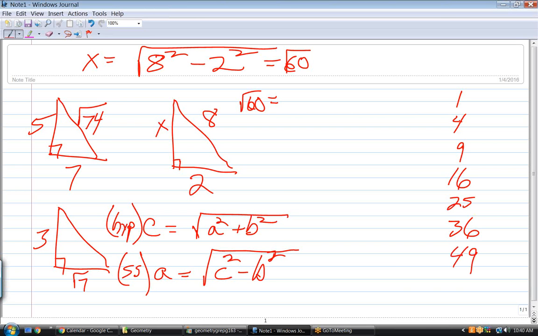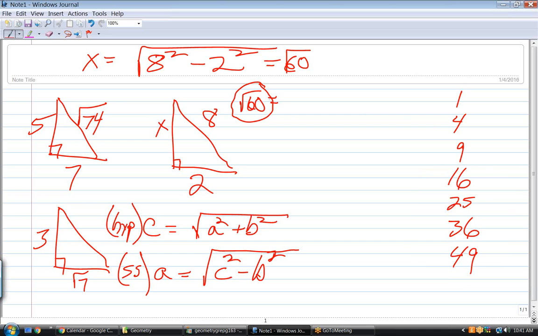That's 1 squared, 2 squared. This is simplifiable if one of these perfect square numbers is a factor of it. In other words, if I can divide 60 by 4, I can simplify it. If I can divide it by 9, I can simplify it. 16, 25, 36.